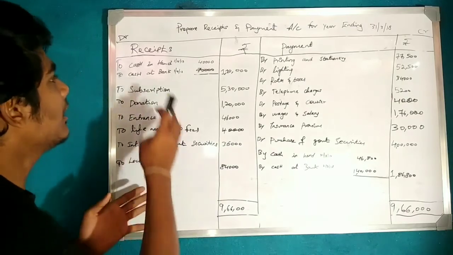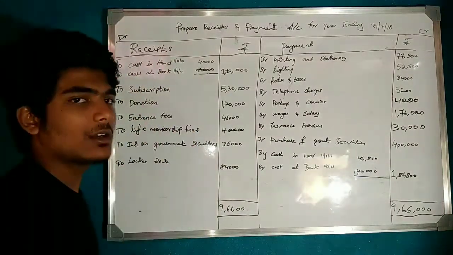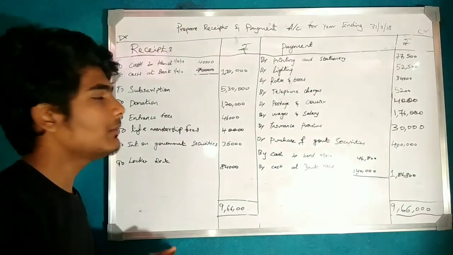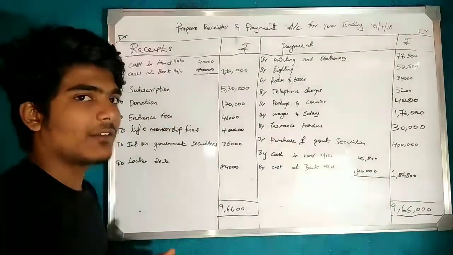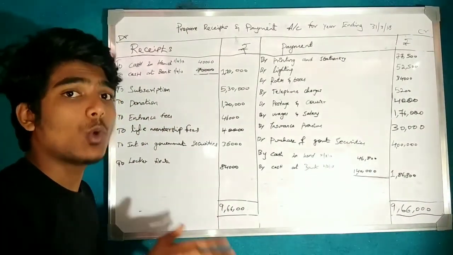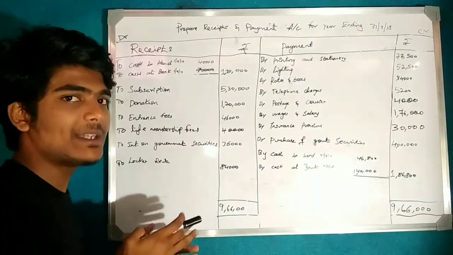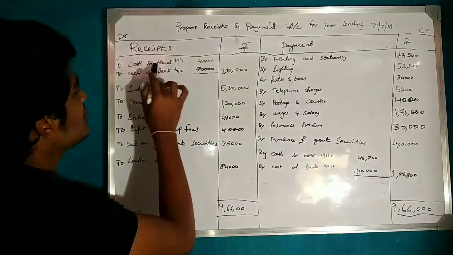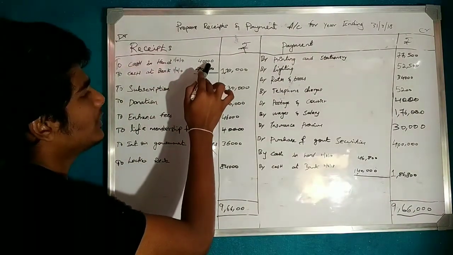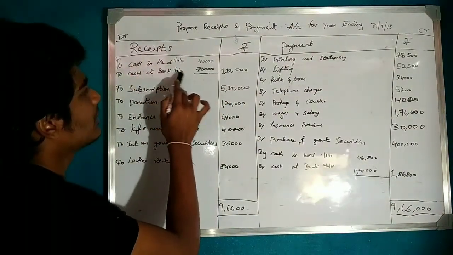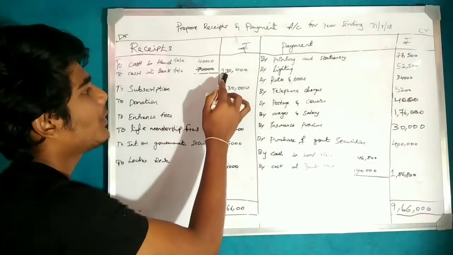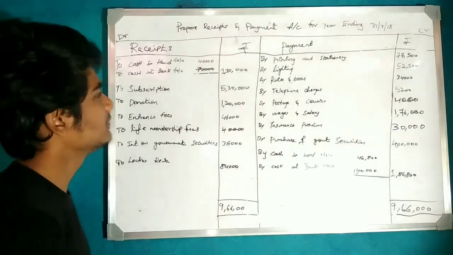So it's 1/4/17, right? So it's an opening balance. Make sure that every time 1/4/17 means it's an opening balance, and opening balance belongs to the debit side, which is receipts. Cash in hand is rupees 40,000. Cash at bank is rupees 70,000. If you add both amounts, you will get 1,10,000.